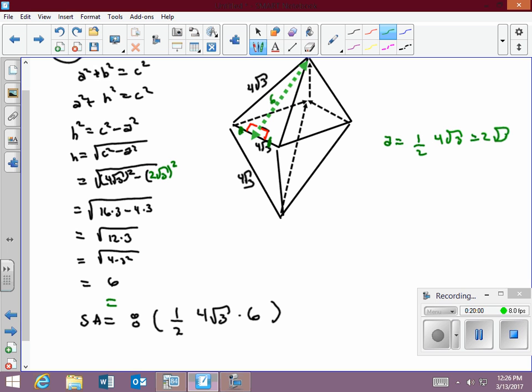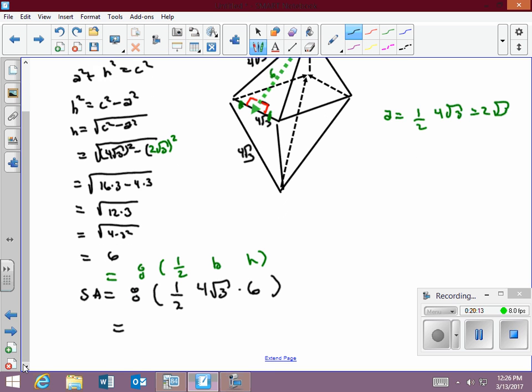See, this is 8 times 1/2 base times height. So you got 16 square root of 3 times 6. And that you just got to put in the calculator.